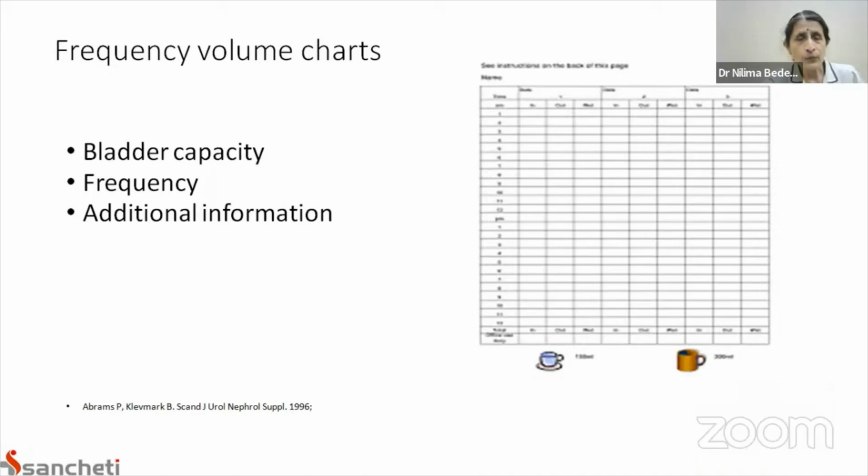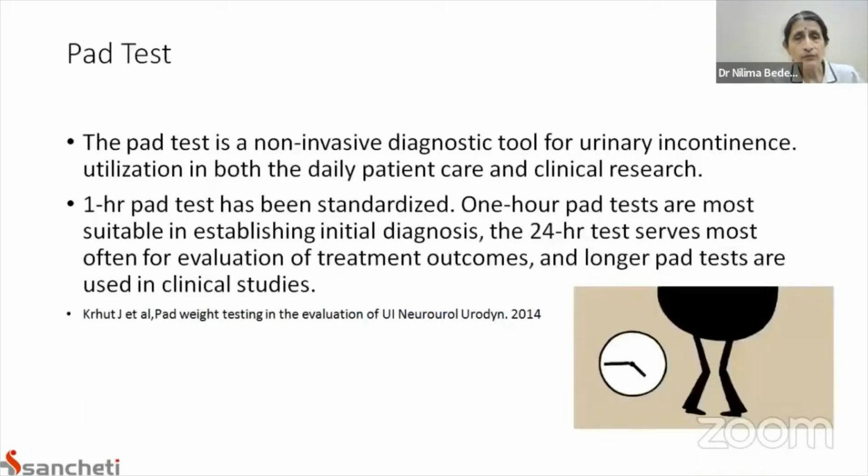So we get to know how many times the leaks happen, what the causes of the leaks are according to the person, the frequency, any medication the person is taking, or whether they are having a lot of hard drinks or coffee, which leads to these problems. So we need to have all this information in the tests.